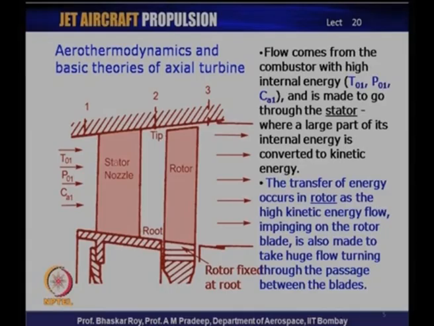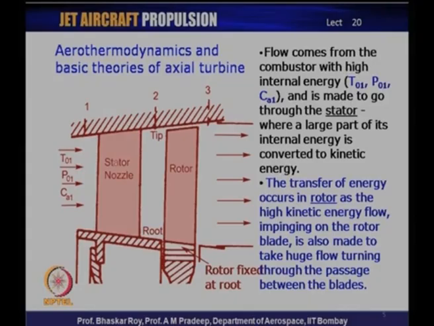They are also called nozzles because the flow through them is essentially through a nozzle kind of passage, which means there is a huge conversion of this high potential energy to high kinetic energy, and that high kinetic energy is then made to impinge on the rotor for doing the work.